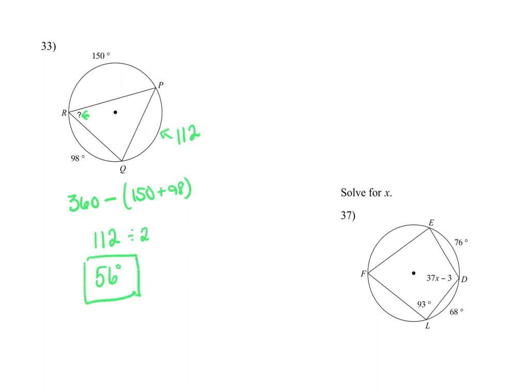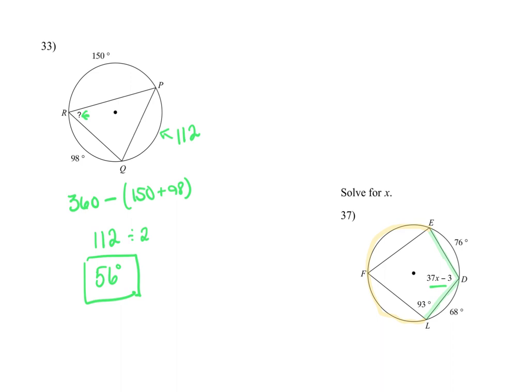And my x that I'm looking for is right here, which means I really need the arc measure that's made from this angle. So pay attention to the angle that I'm talking about. I'm talking about this angle, all right? So the arc that I need is this arc right here, all right? They've basically, once again, given me everything except that.